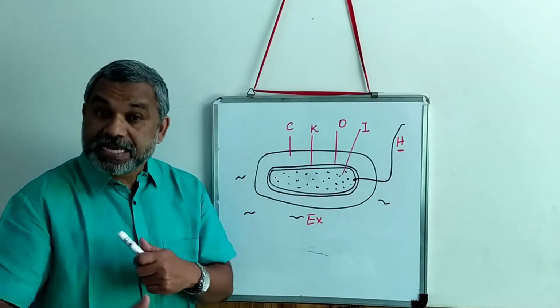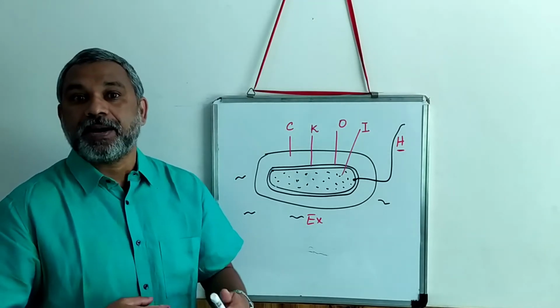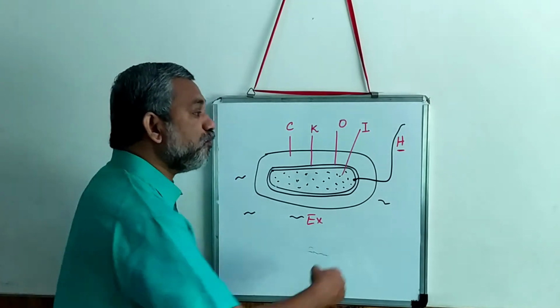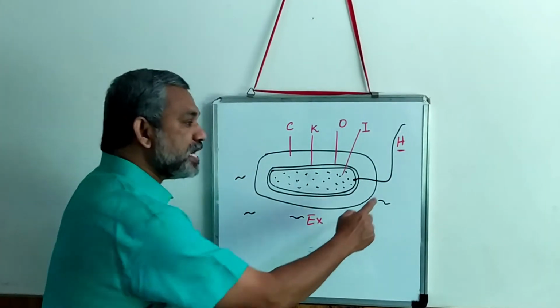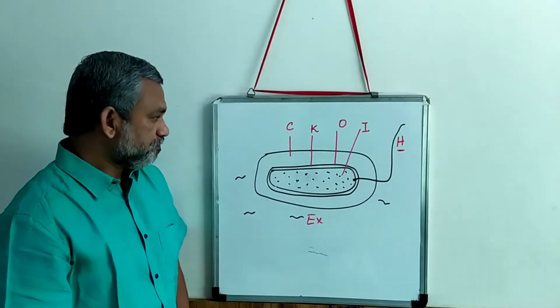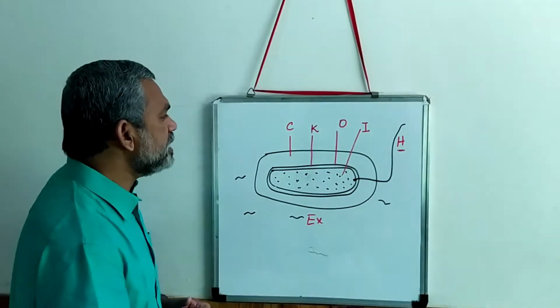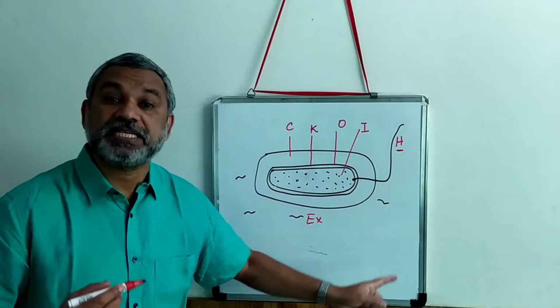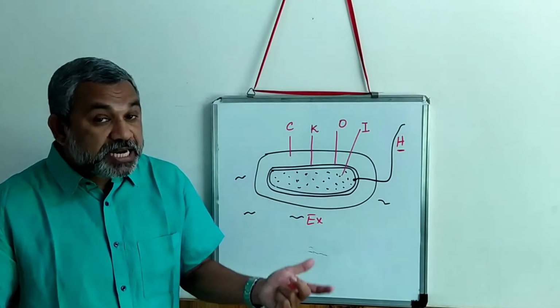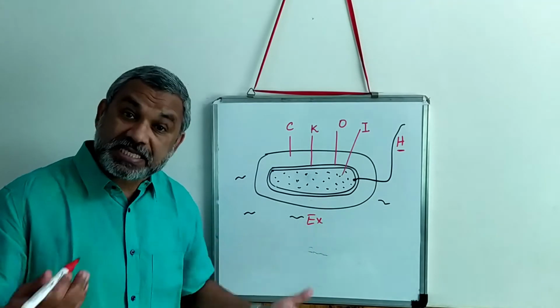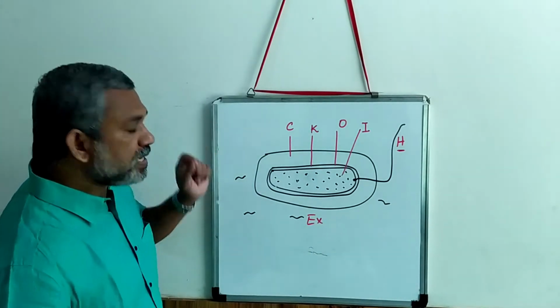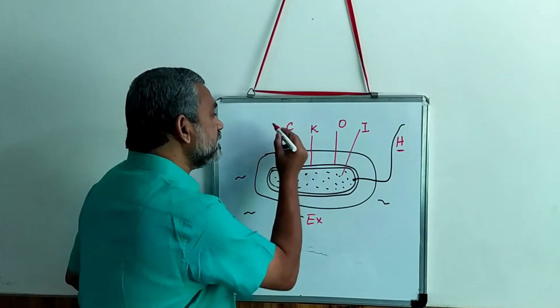Remember, when we carry out the Vidal test, we look for the H antigen and the O antigen. The flagellar antigen is easily destroyed by heat and dilute acid.